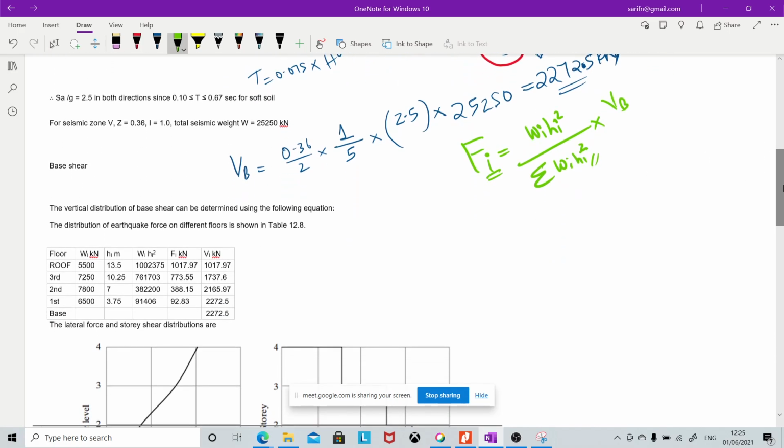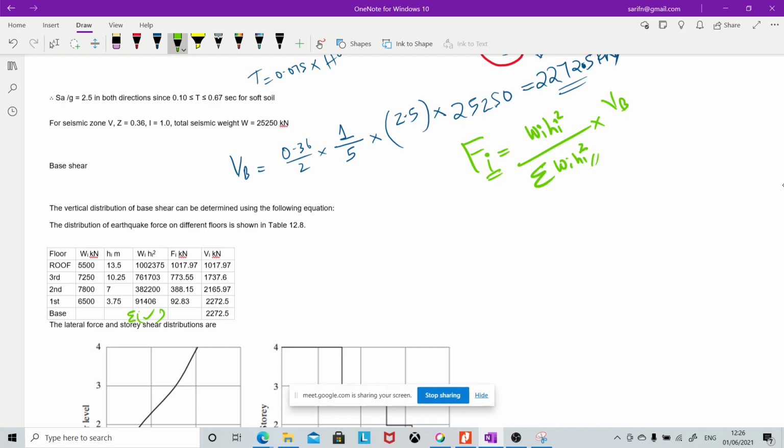It is easier to solve this in a tabular form. So we can make use of a table like this. These are the different seismic weight values. The first height is 3.75 from the ground to the first floor, then from the ground to the second floor, then the third floor, and from the ground to the top floor. Then you can get the value of Wi Hi square here, and find sigma Wi Hi square.